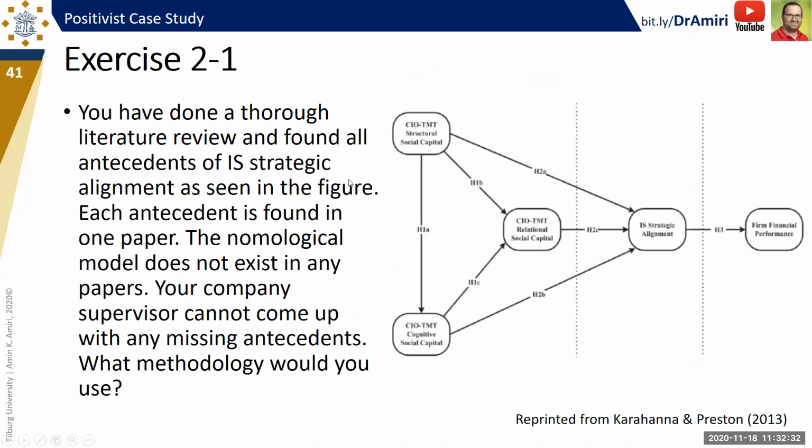So let's have some questions here. Okay, I give you around 30 seconds to read this and then suggest a right approach for validating this theory.